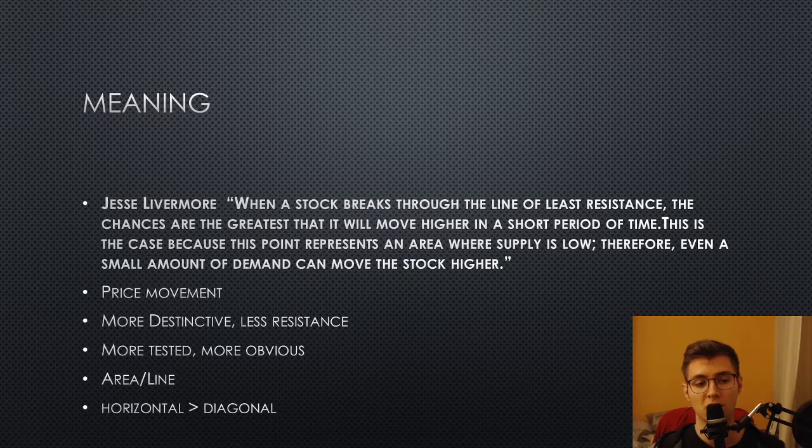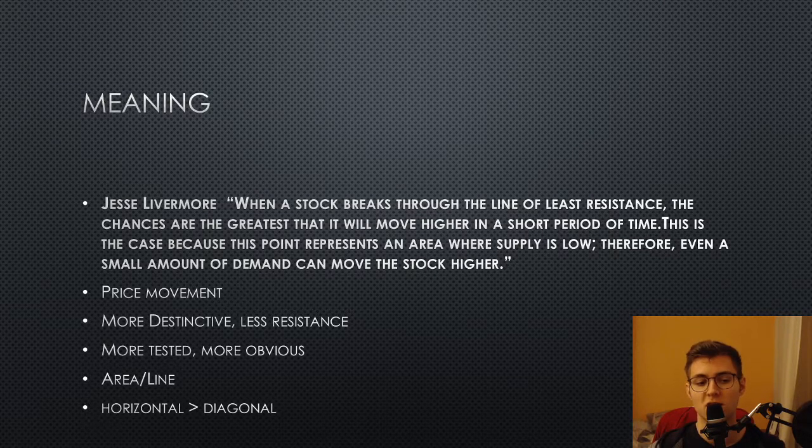The line of least resistance is solely based on price movement and is observed that way. Basically, it says the more distinctive a certain level, the less resistance there will be for price to bounce off of it, and most likely it will break through.